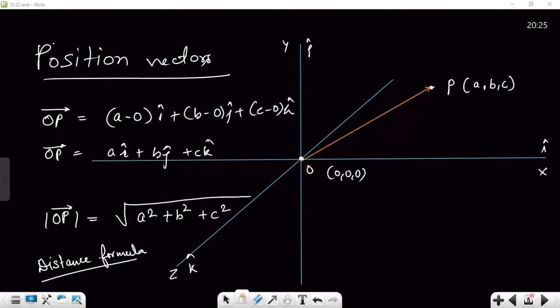So vector is giving us the magnitude as well as the direction.